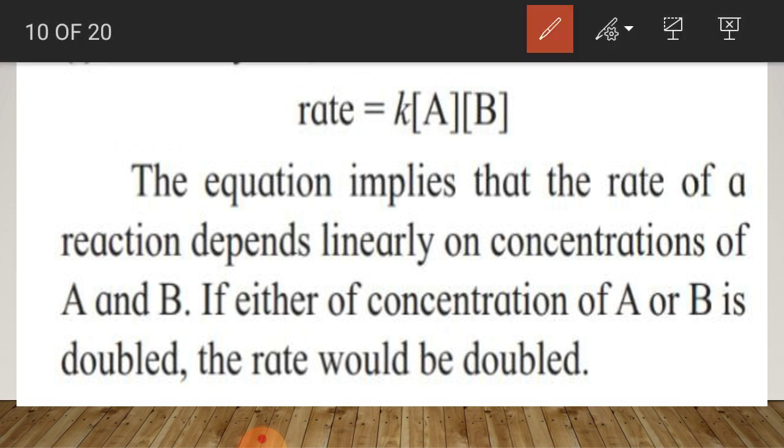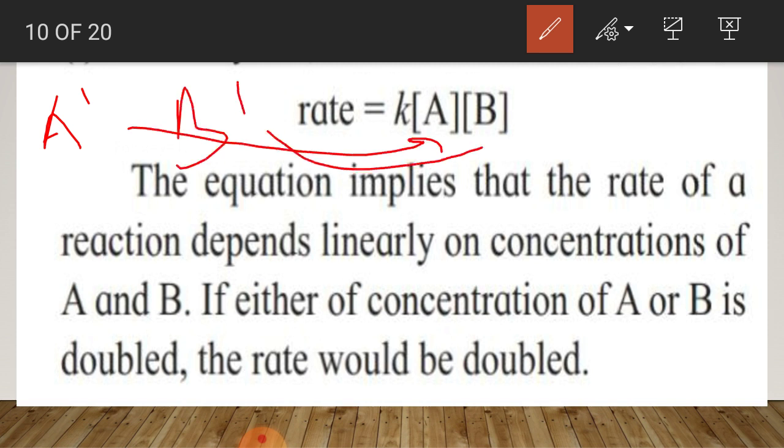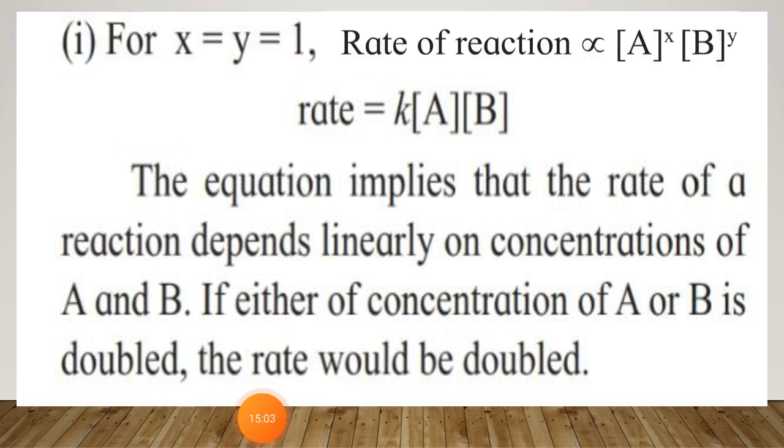A raised to 1 will be your A. B raised to 1 will be your B. Here the equation implies that the rate of a reaction depends linearly on the concentration of A and B. If the concentration of A and B increases, then the rate of a reaction will increase.